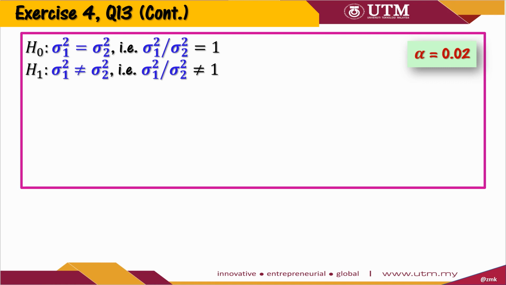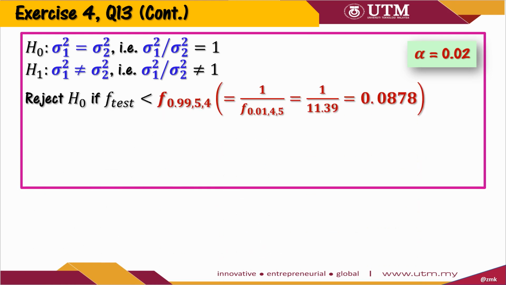Therefore, the rejection rule is to reject H0 if f-test is less than the left-sided critical value, which is 0.0878, or if f-test is greater than the right-sided critical value, given by 15.52. Please figure out on your own how to get these two critical values.